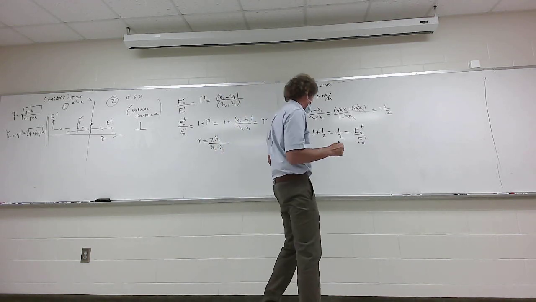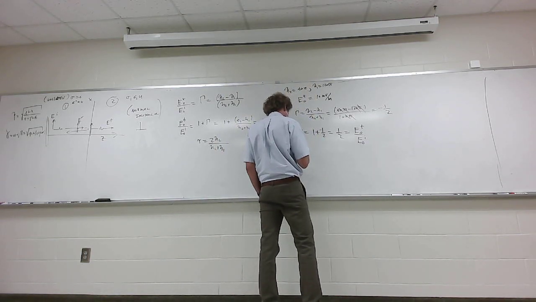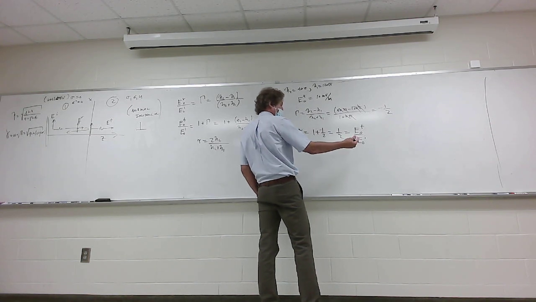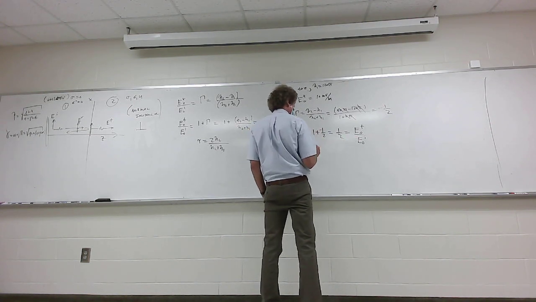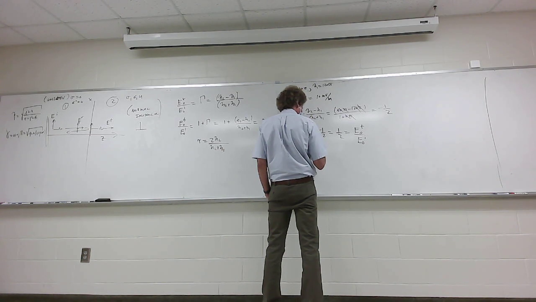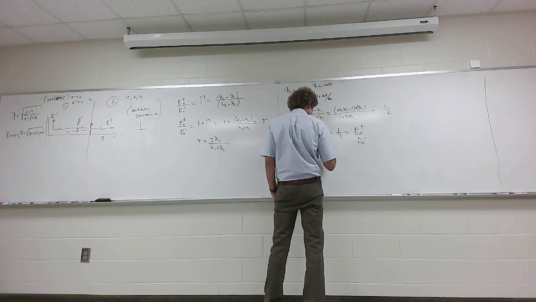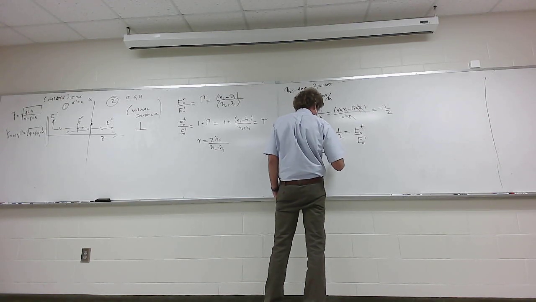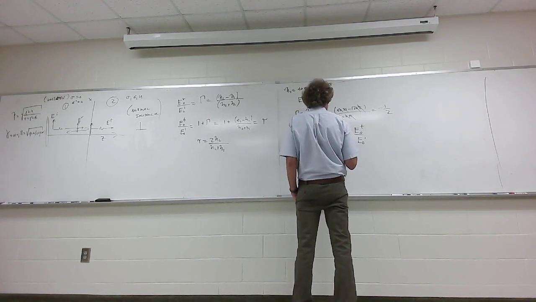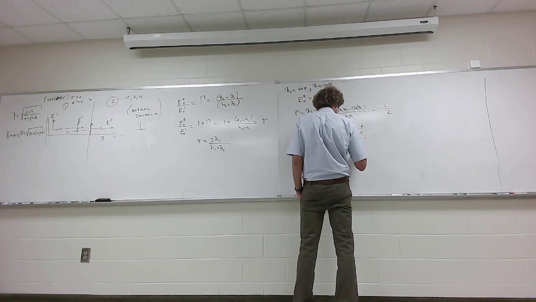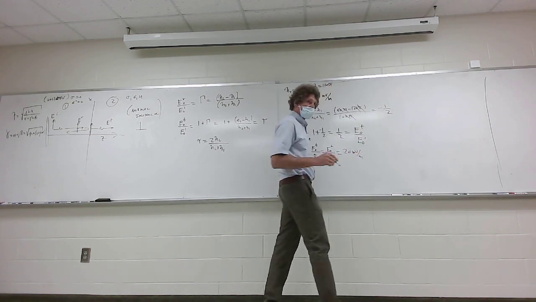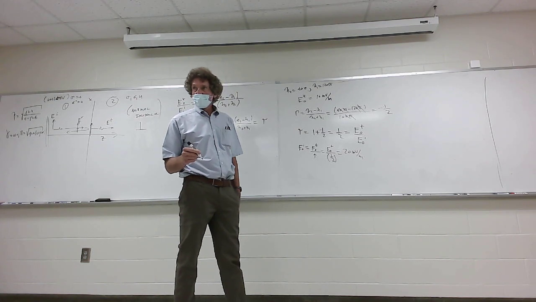So, therefore, E naught incident is what? E naught transmitted divided by tau, or E naught transmitted divided by 1/2, right? Or it's simply equal to 20 millivolts per meter. Do you agree with this, class? Everybody?